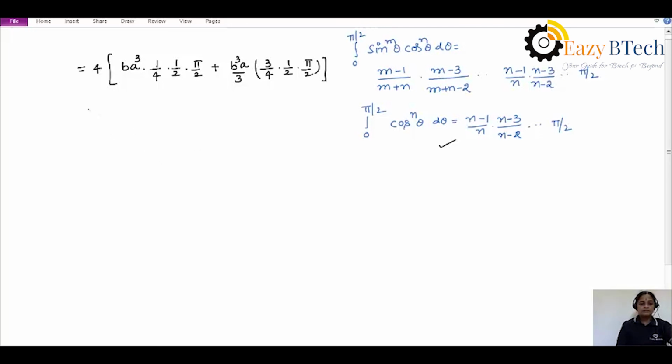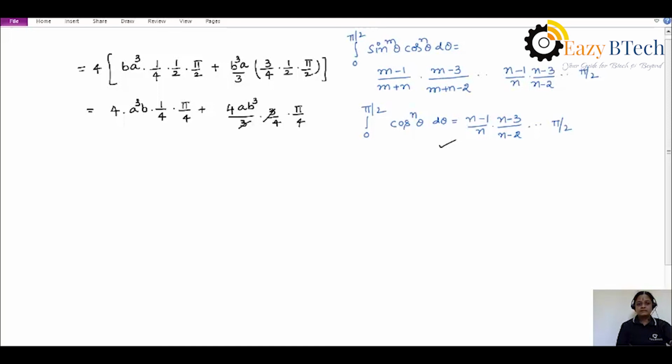Now please multiply with 4 here: 4 a cubed b into 1 by 4 into pi by 4, and plus 4 a cubed a b cubed by 3 into 3 by 4 into pi by 4.